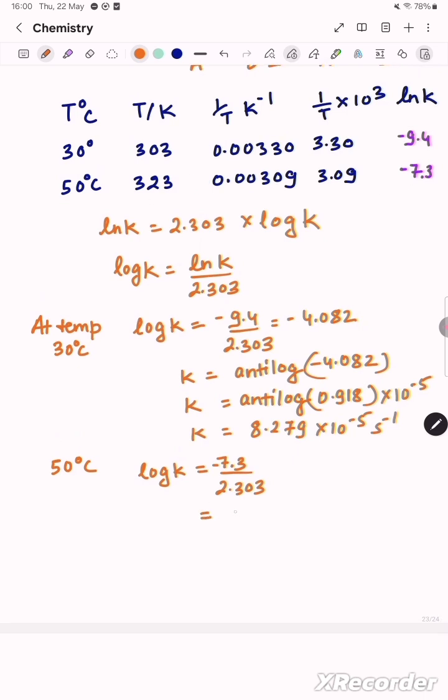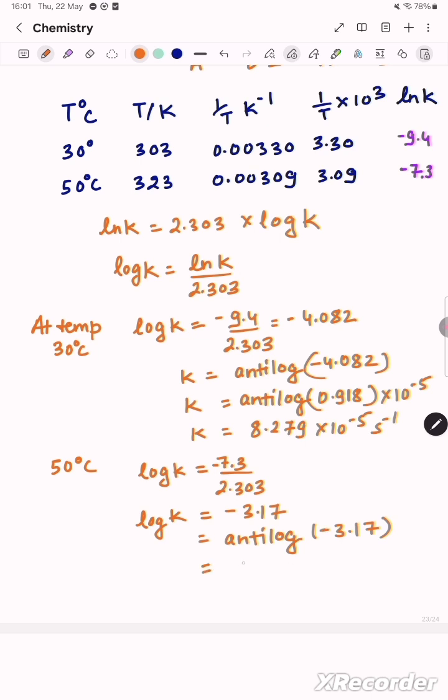So log k value is minus 3.17, and we take the antilog of minus 3.17.